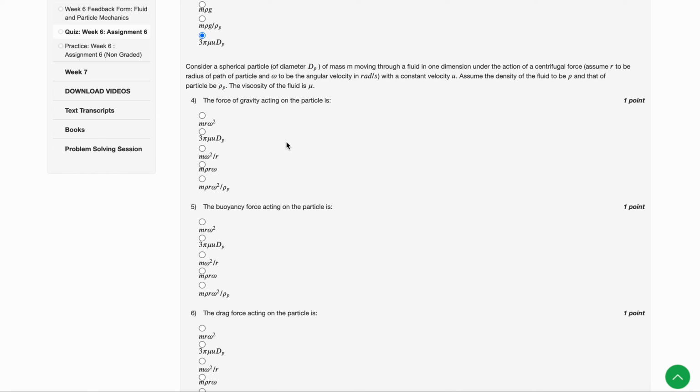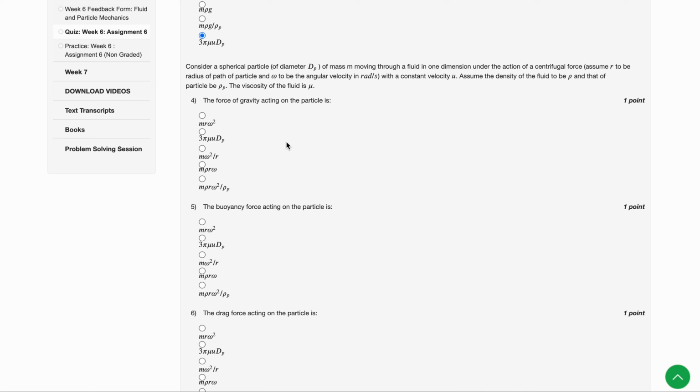Okay, so what is the tangential velocity? Linear at any point. So the constant velocity u in this case is equal to r into omega, and it has some centrifugal acceleration.